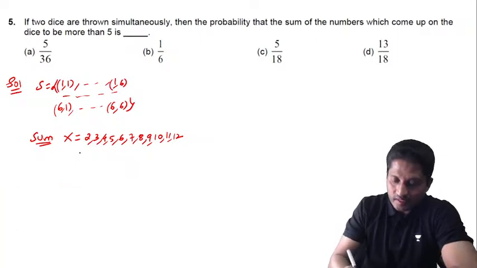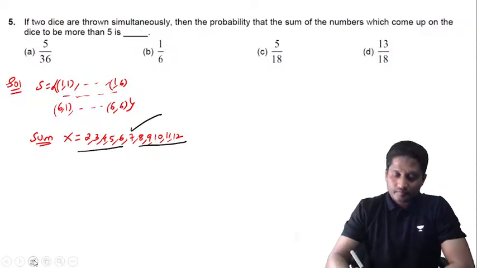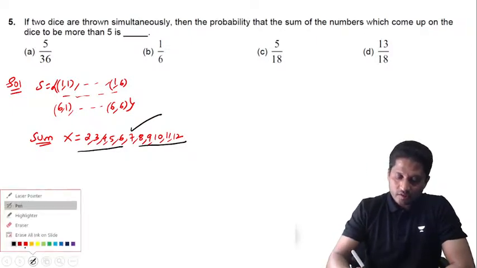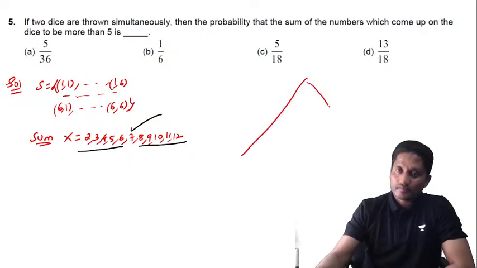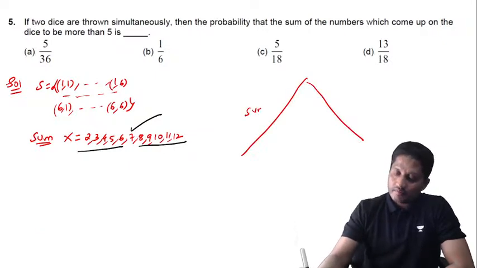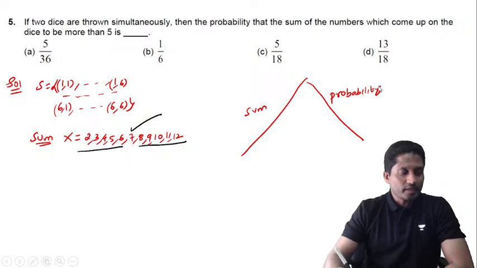So I'll take the middle term. 5 on the left, 5 on the right, middle term is 7th term only. So let's take like this. This will be sum, this will be probability.